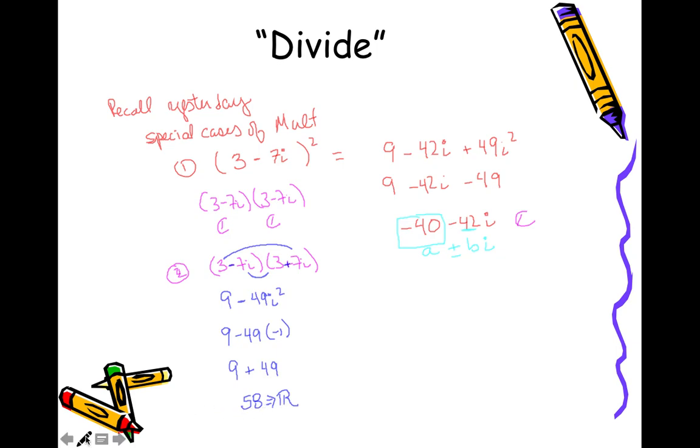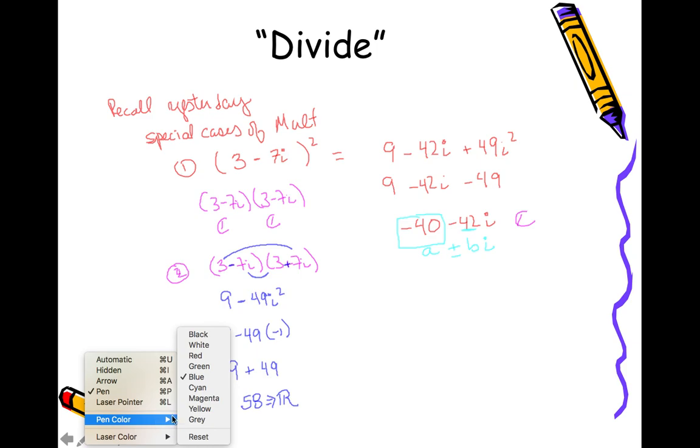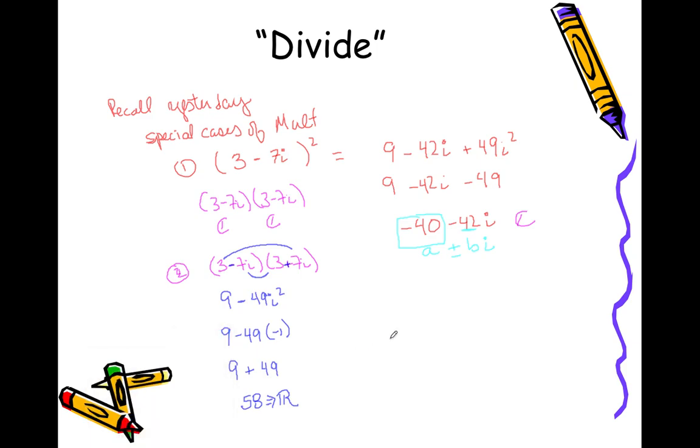Now in Algebra 1, you probably did not hear this language, but I used it with you. In Algebra 1, x plus 5 times x minus 5 gives you x squared minus 25. The middle terms drop out. These two binomials are called conjugates because they are exactly the same except for the plus and minus.